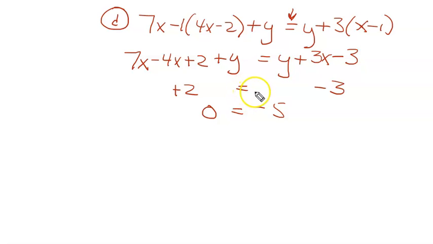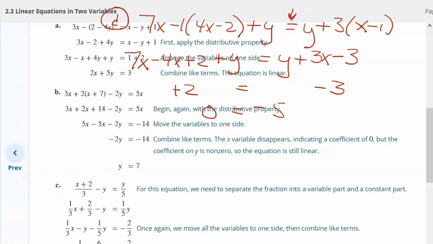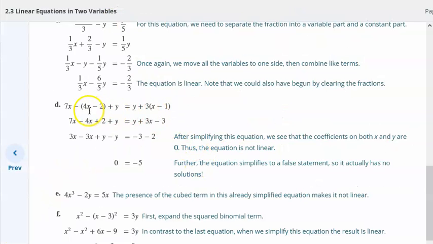It's inconsistent. There is no solution for this. All right, let's go back. And just to get verification, looking at D, we see what we've just said. And again, always pause if you need more time.